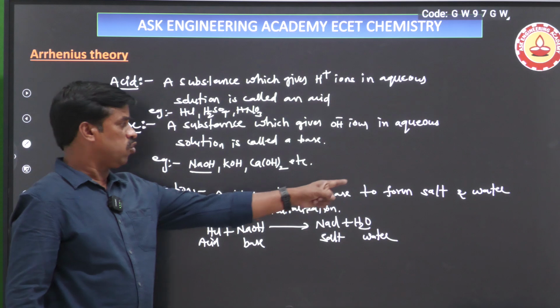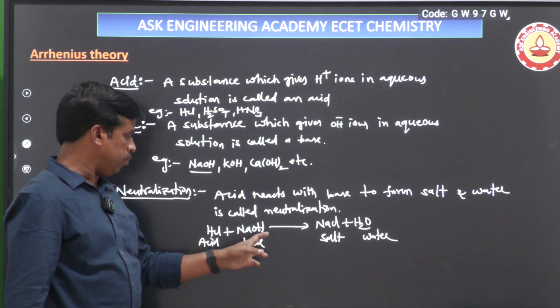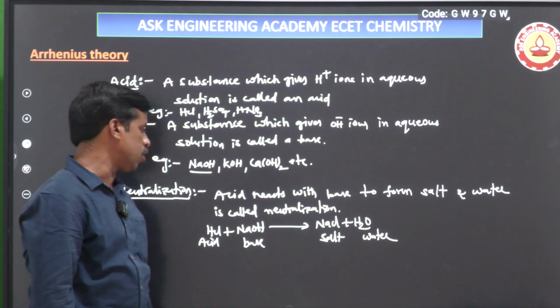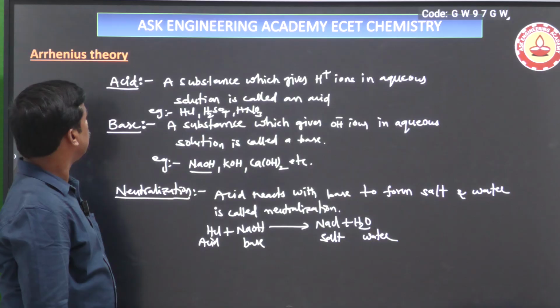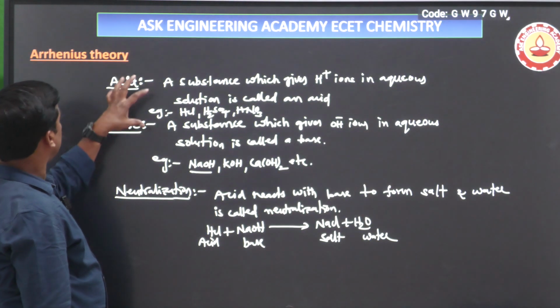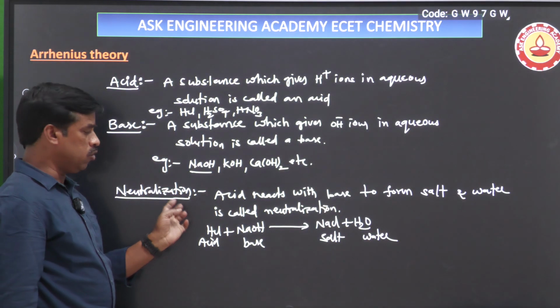Acid reacts with base to form salt and water, which is called neutralization. This is Arrhenius theory: acid definition, base definition and neutralization.